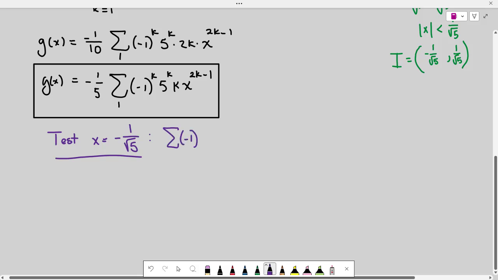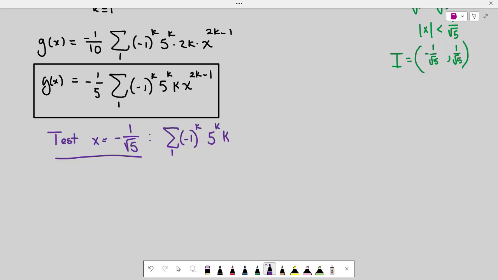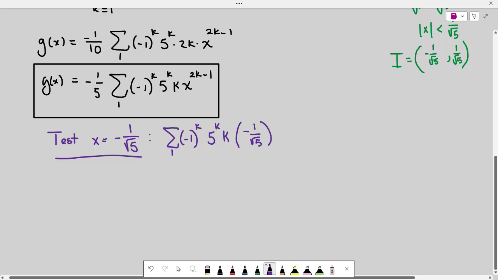It's definitely an alternating series. 5 to the k times k. And now, that thing is going to be plugged in for this x here. So we're going to have negative 1 over the square root of 5, to the 2k minus 1.